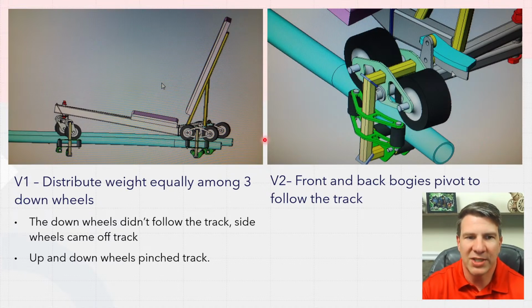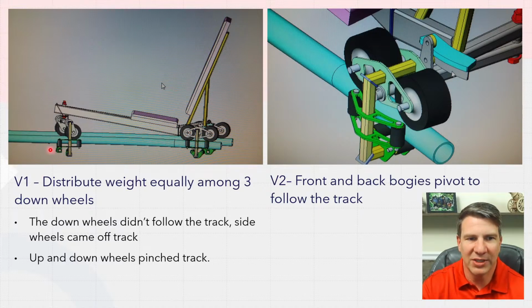Now, in my first design here, I wasn't smart enough to put two front wheels. I thought, well, if I'm sitting here, I've got 2/3 of the weight going to the back and 1/3 going to the front. And so I just need one wheel in front, two wheels in the back. Hey, it'll work, right? Well, actually, what happened was, as I go over a hill, the front wheel will actually come down like this, and it'll ride on top of it.